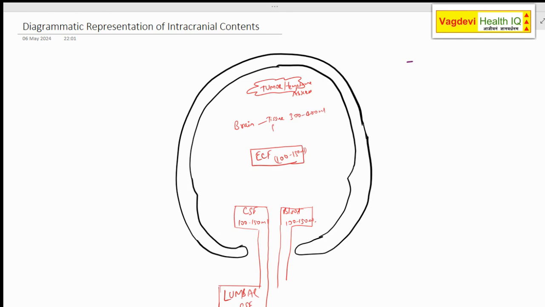What part of the brain is water, how much percentage? 900 to 1200 ml. 80%? No, think about it. It is intracellular, which is common.